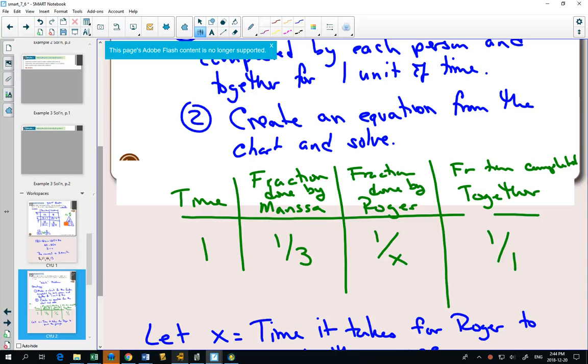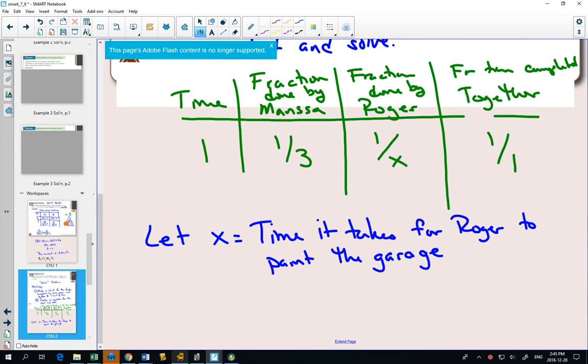Once you've created the chart that's this simple, just for 1 unit of time, you can create an equation, because the fraction done by Marissa plus the fraction done by Roger should equal the fraction done together. Does that make sense? And so our equation just becomes 1/3 plus 1/x should equal 1/1.